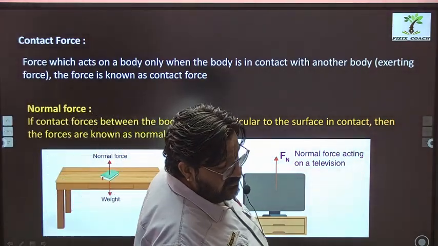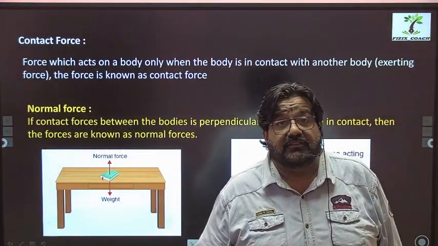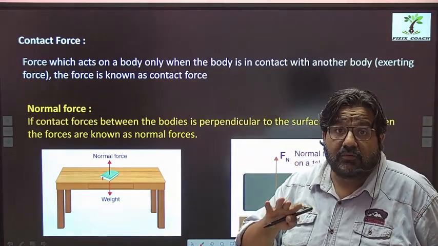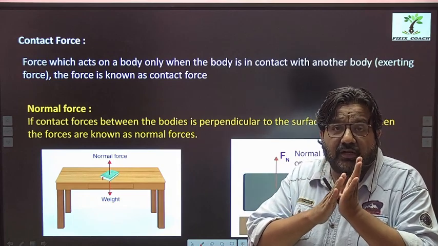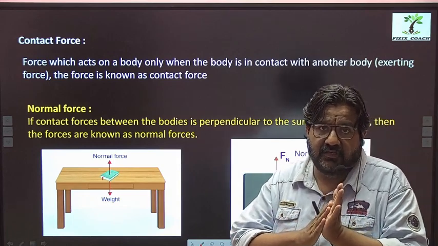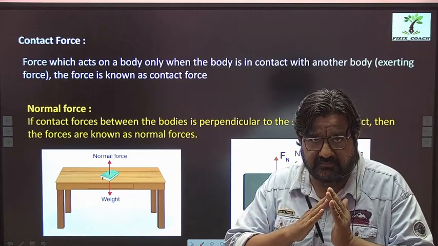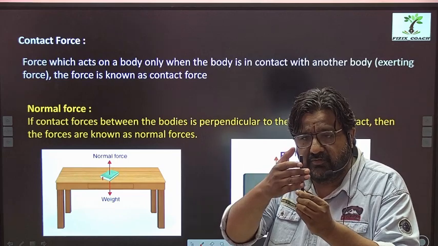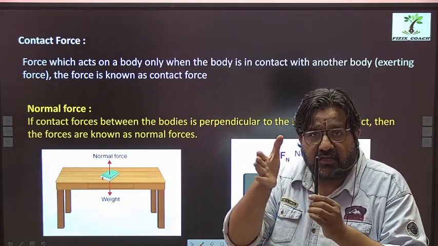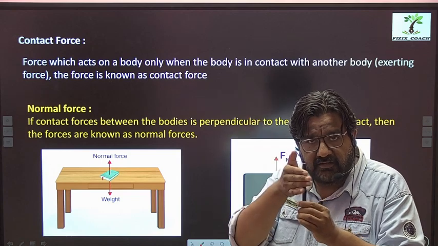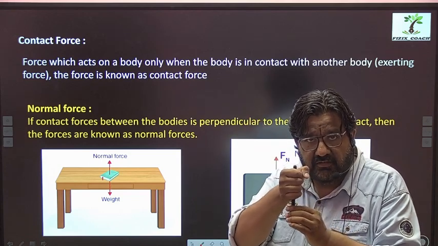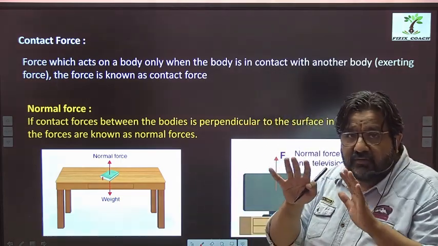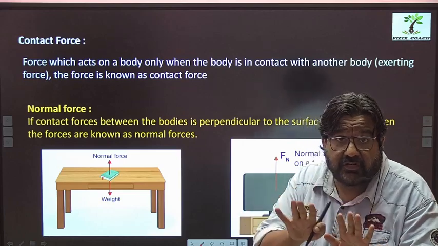It means these forces come into action when 2 objects come in contact with each other. Means they're touching each other. Right? Like this pen I'm holding with my hand. So my hand is in physical touch with it. Right? If I'm trying to push this, for pushing this, I will have to touch it.